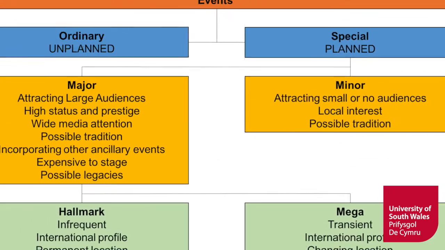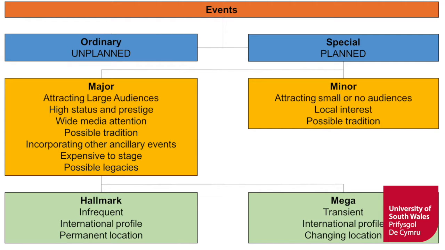It can be split into 2 here. You have major and minor. Major events look to attract large audiences, high status and prestige, wide media attention, possible tradition, incorporating other ancillary events, also expensive to stage, and there could be possible legacies attached to them. Whereas in the minor planned special events, they attract small or no audiences.